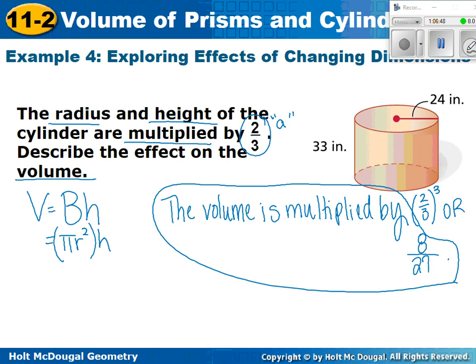Does that make sense? What would happen to the surface area? It'd be multiplied by 2/3 squared because it's an area. So if they asked us about surface area, we could just say it would be multiplied by 4/9 because that's 2/3 squared. Okay, try one more.